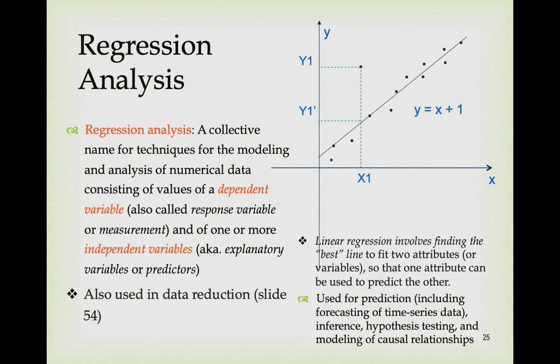You can always refer to slide 54. Linear regression involves finding the best line to fit two attributes or variables so that one attribute can be used to predict the other. Used for prediction, including forecasting of time series data, inference, hypothesis testing, and modeling of causal relationships.